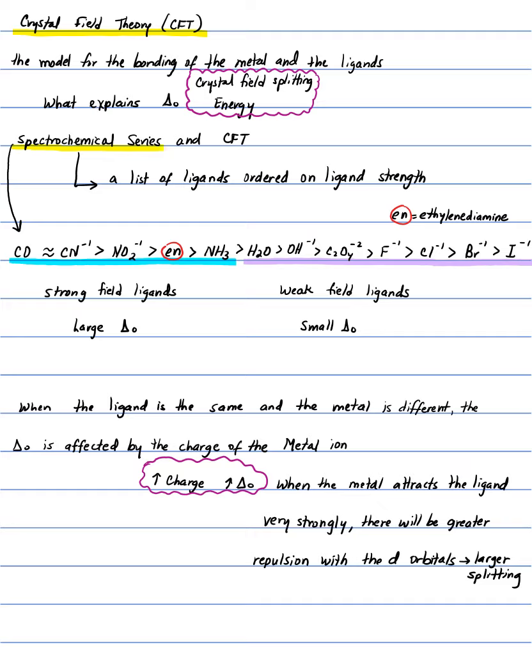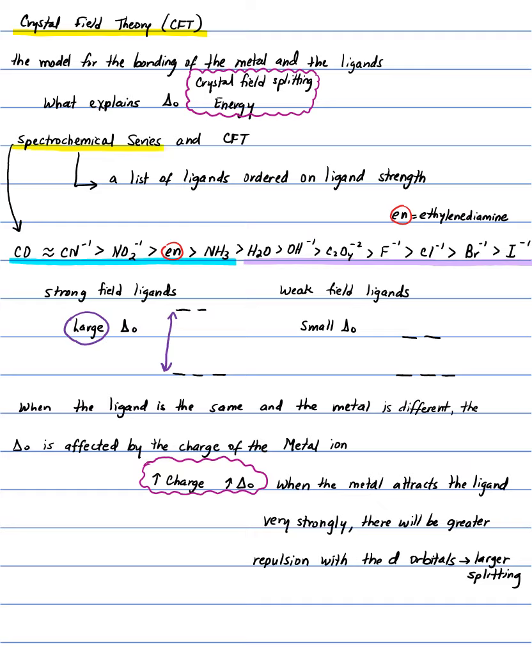Now, the ones that are highlighted in the purple color are classified as weak field ligands because they will cause a small splitting of your d orbitals.